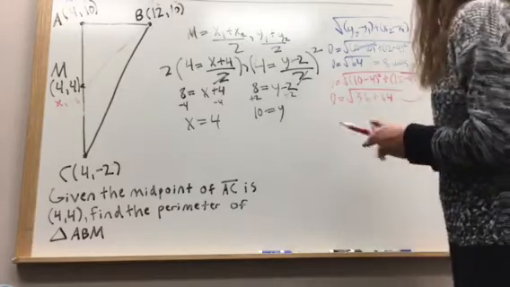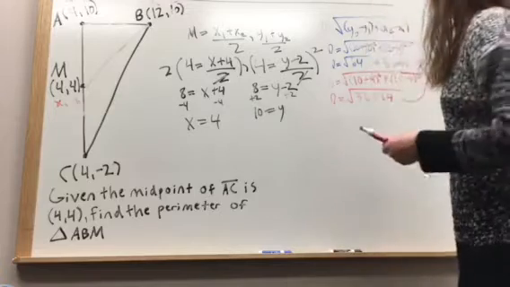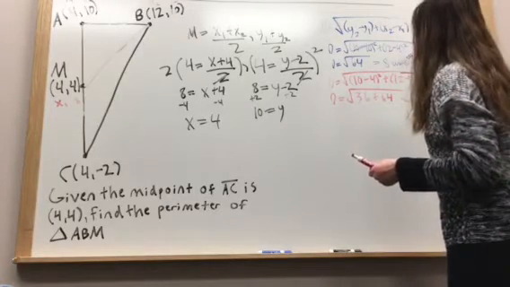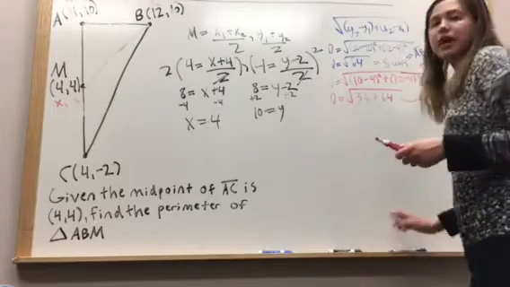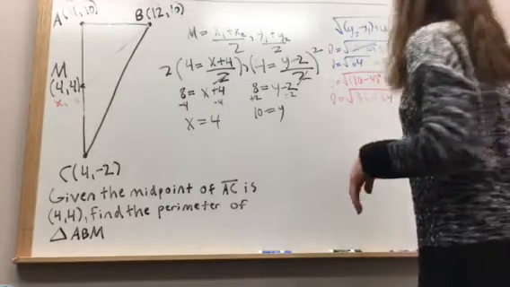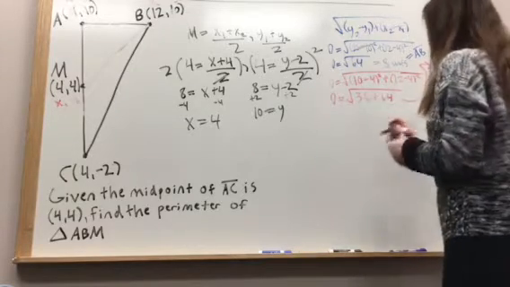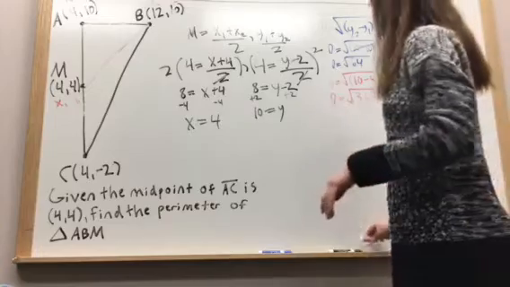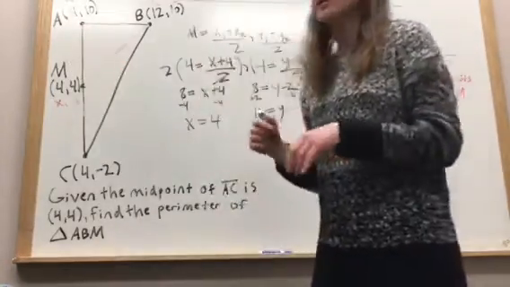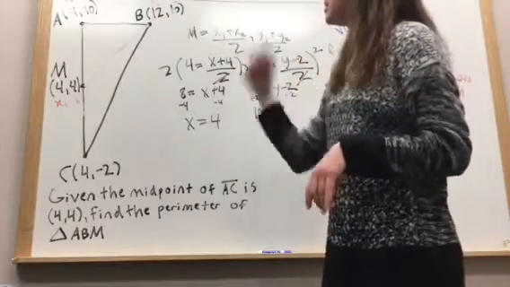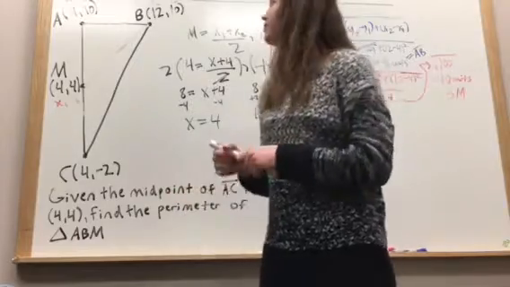All right, so I found the distance for segment AB, and now I just found the distance of segment BM. So all I have to do now is find the distance of segment AM. Once I do that, I can add all those distances together, and that will give me the perimeter of this triangle, which is the question that we're supposed to be asking.